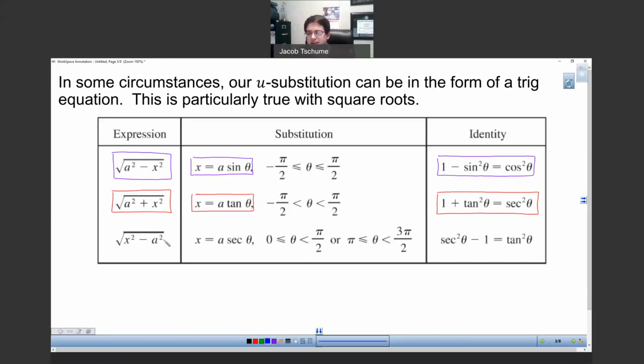Finally, if you have the square root of x squared minus a squared, we will use the trig substitution x equals a secant of theta, which will allow us to use the identity secant squared theta minus 1 equals tangent squared theta, and that will allow us to get rid of the square root. So once again, this is a technique to get rid of square roots where regular U substitution will not work.